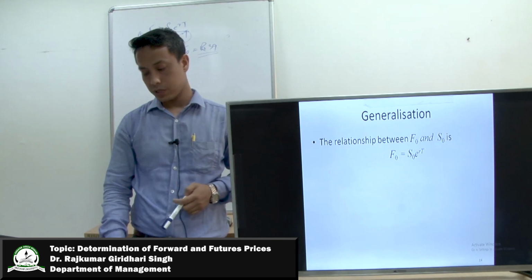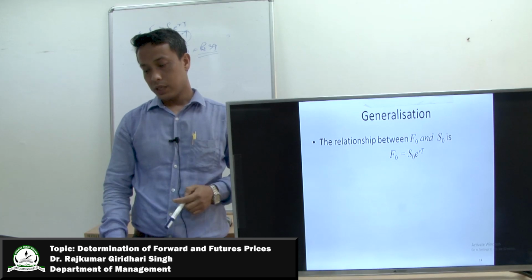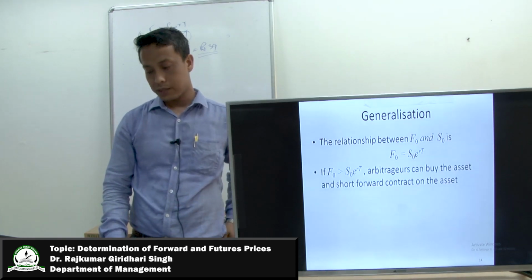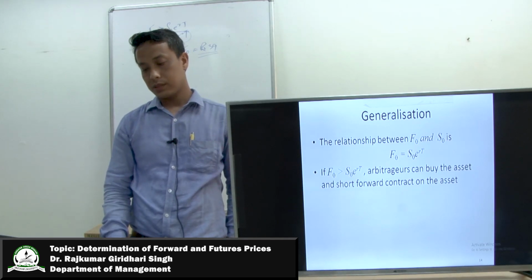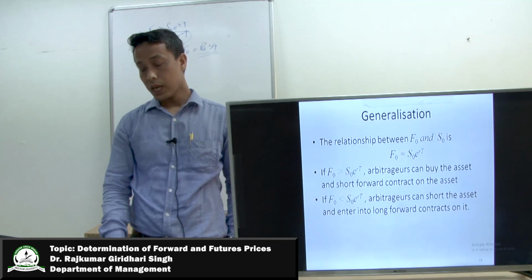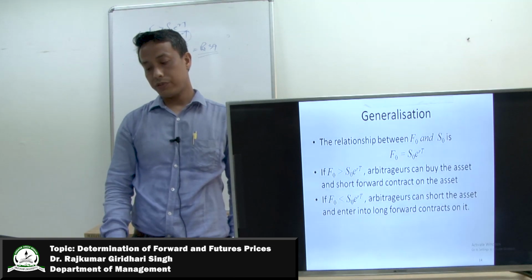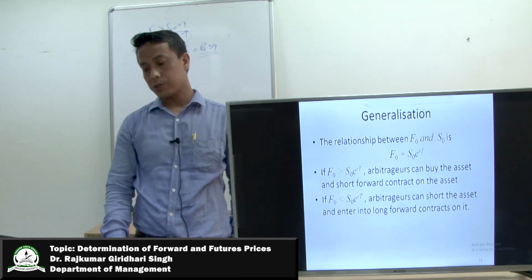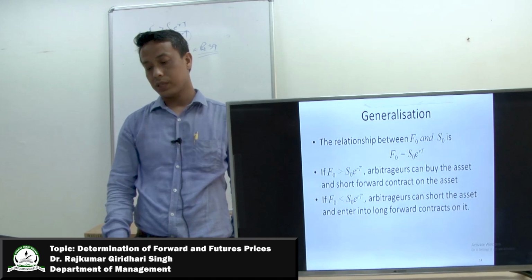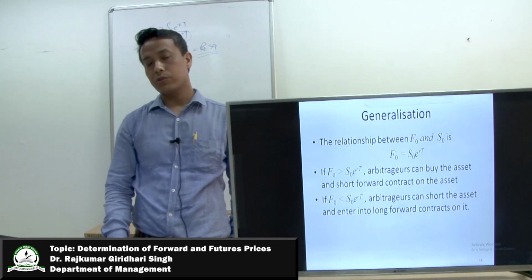Then if forward price is more than your spot price, an arbitrageur can buy the asset and short forward the contract on the asset. In the other case, if forward price is less than your spot price, you can also earn an arbitrage profit, but what you have to do is short the asset and enter into a long forward contract on it.